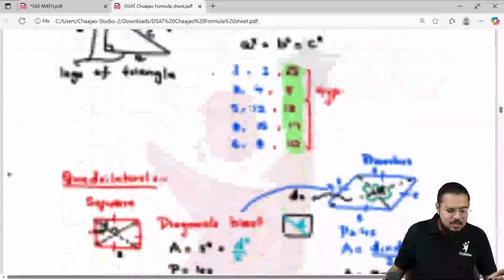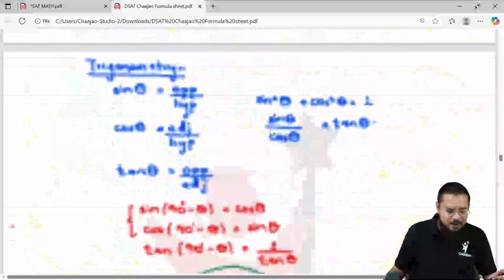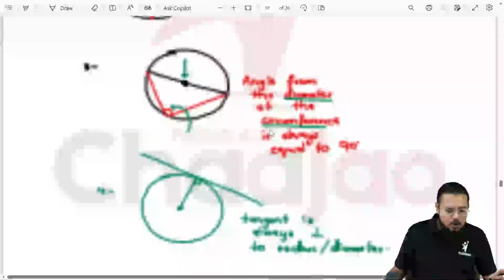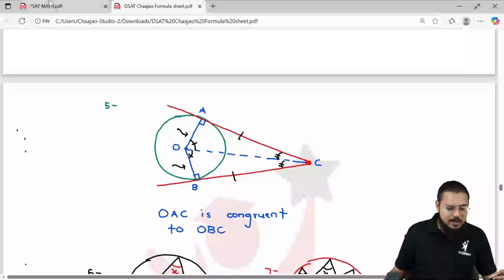MH and NH are basically the tangents to the circle. Remember, I discussed this property where two congruent triangles are created in angle properties of circles. We can have a quick look at that property. For example, angle properties of circles, property number 5: you will be able to create two congruent triangles, one at the top and one at the bottom, when these two tangents are meeting on the outside of the circle.